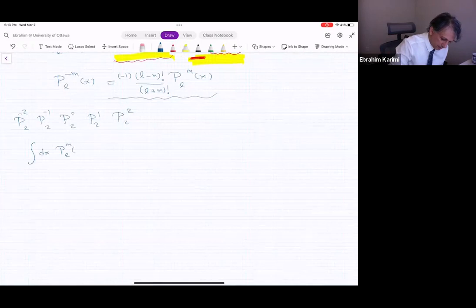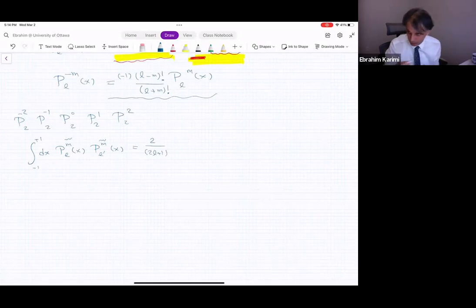So P_L^m of x times P_L'^m of x. Remember, this index is the same. From −1 to +1, that will be given by 2 divided by (2L + 1), which we knew about, and then there will be only one coefficient appearing here, which is (L + m)! divided by (L − m)!, times delta of L and L prime.